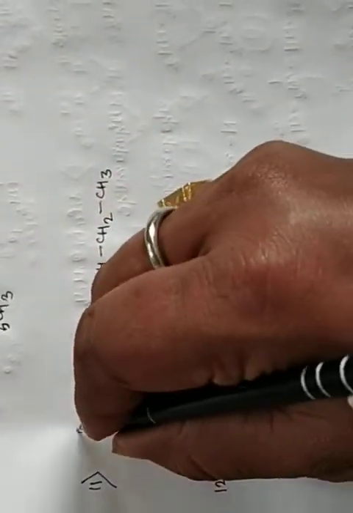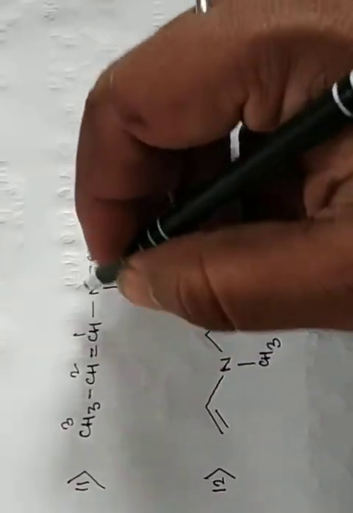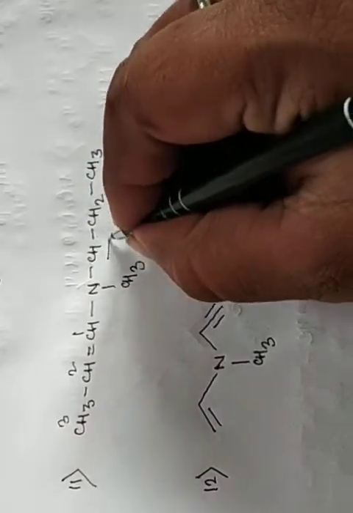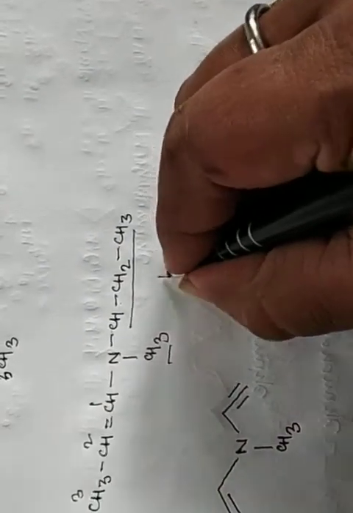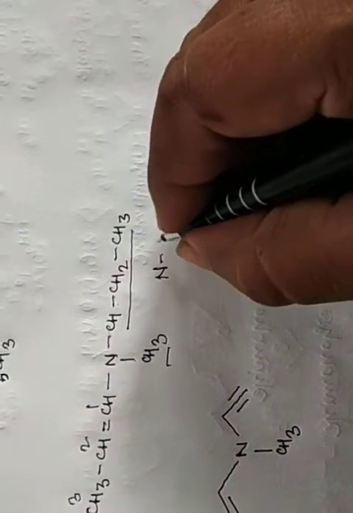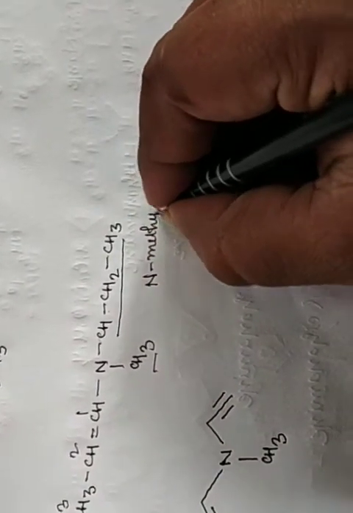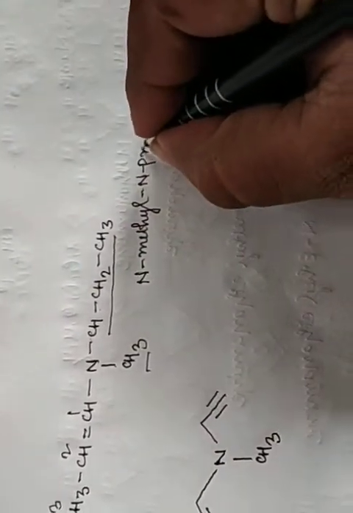1, 2, 3. Count from this side because nitrogen is there. This is a functional group. Okay. Now there's an N. This is a substituent. This is also a substituent. So this is methyl and this is propyl. So M first. So first you write N methyl, and then after N propyl, and there are 3 carbons and a double bond is there.